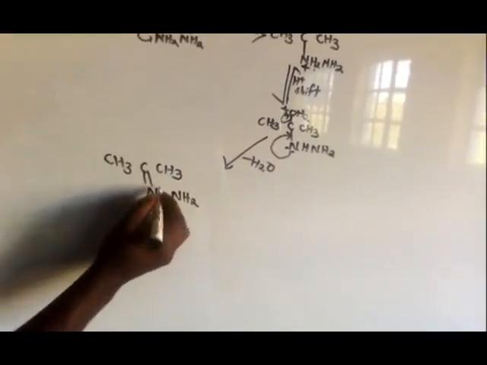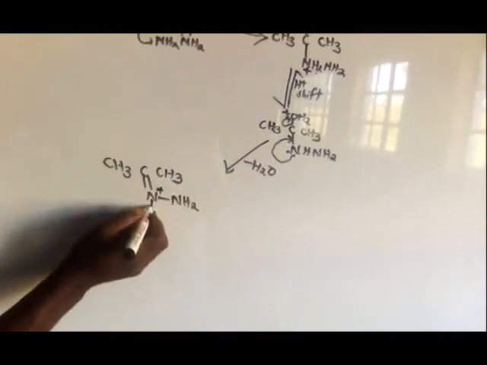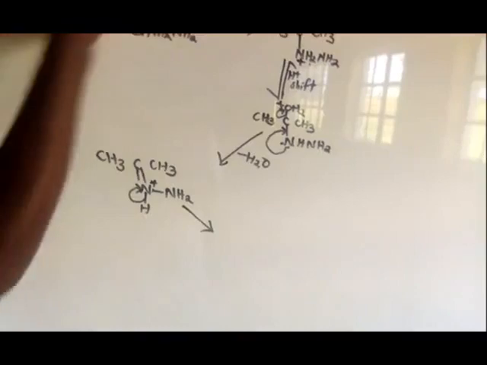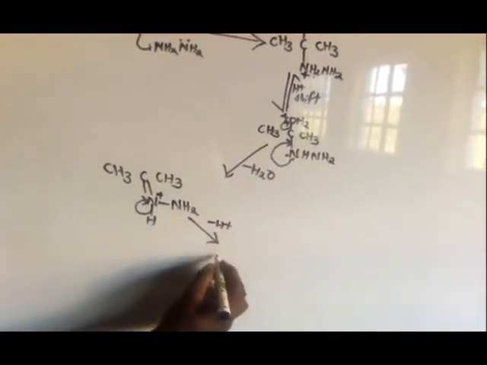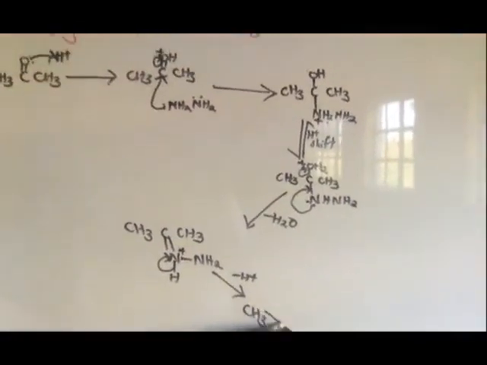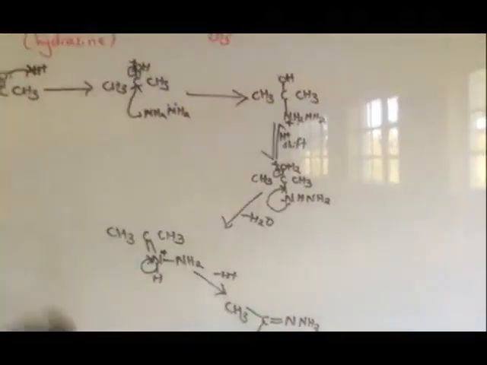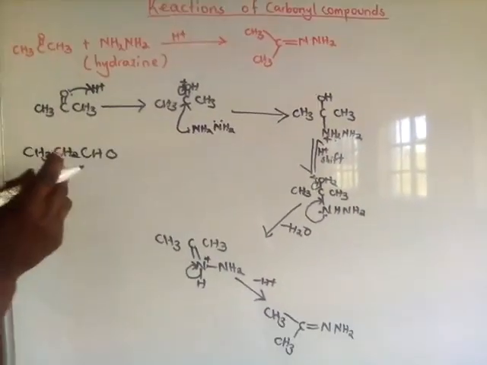So this is having a positive charge because this nitrogen is having 4 bonds. So we shall have finally the loss of the proton, to regenerate this proton we used during protonation. So minus the proton, and we shall end up with our product, which is called hydrazone, like that.